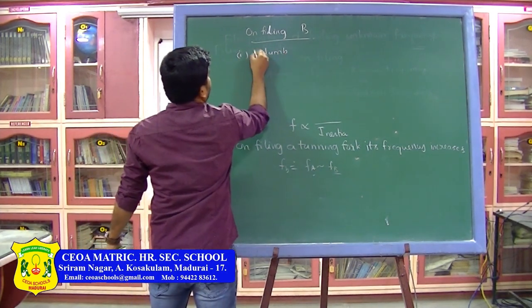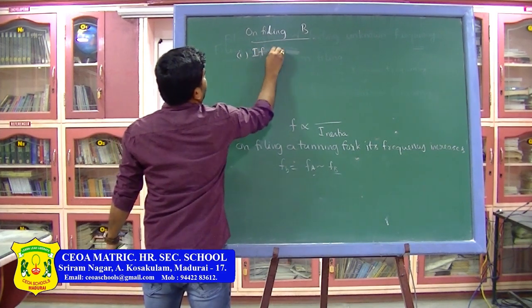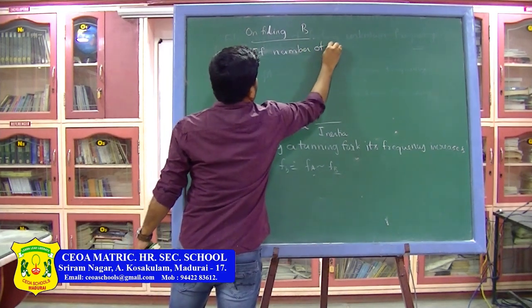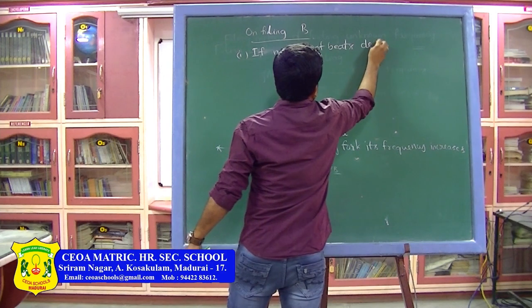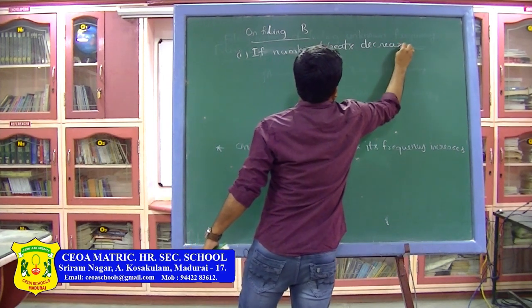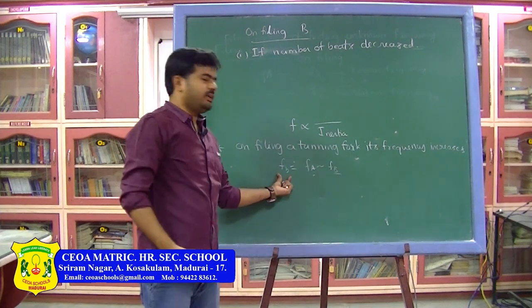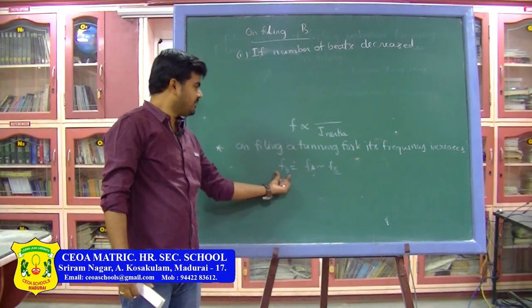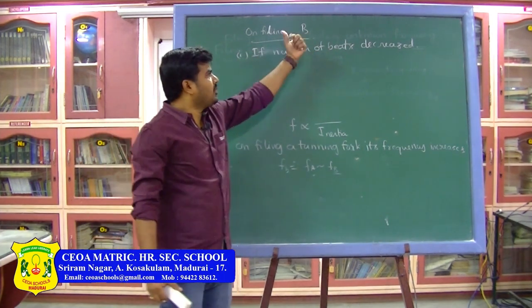If on filing, the number of beats decreased, where the initial beat frequency is the number of beats per second, that is, on filing the unknown tuning fork, the number of beats are decreasing.